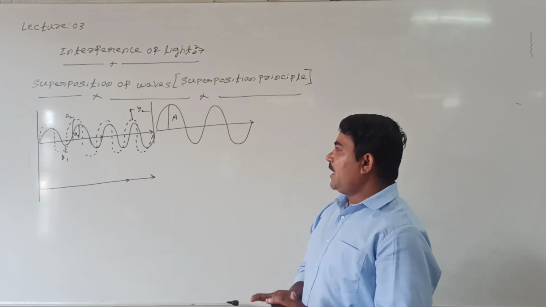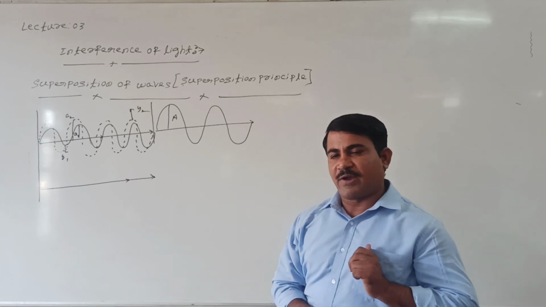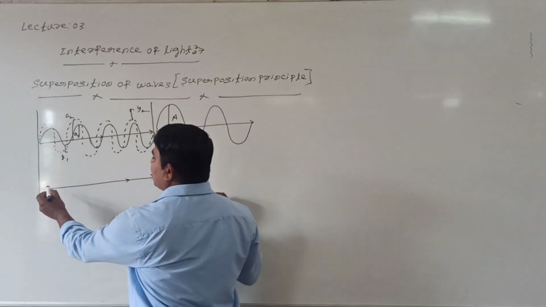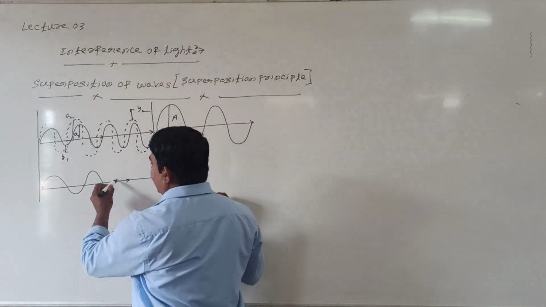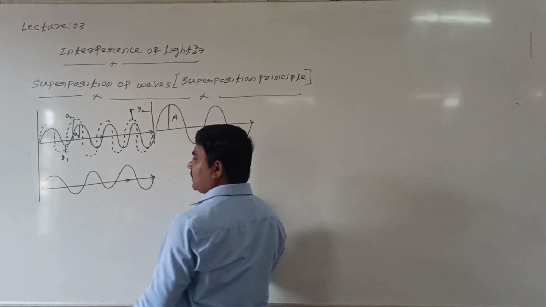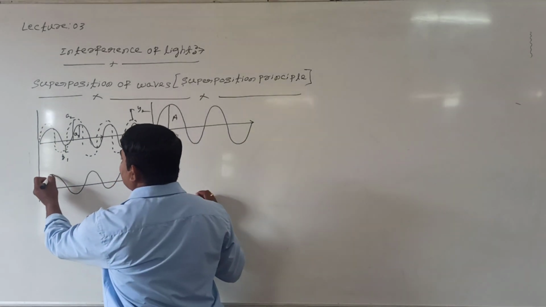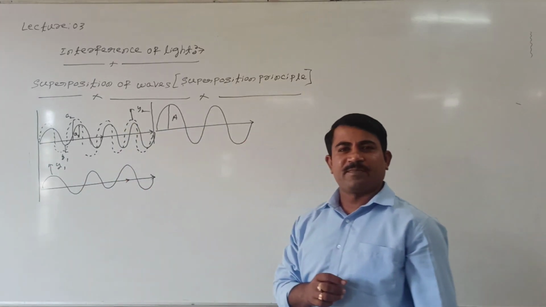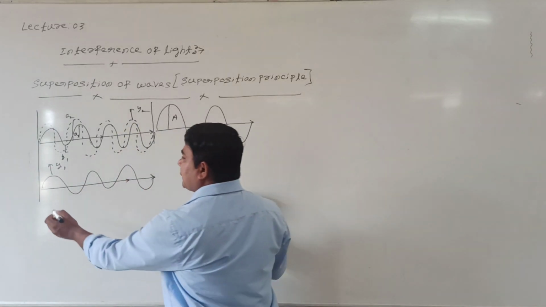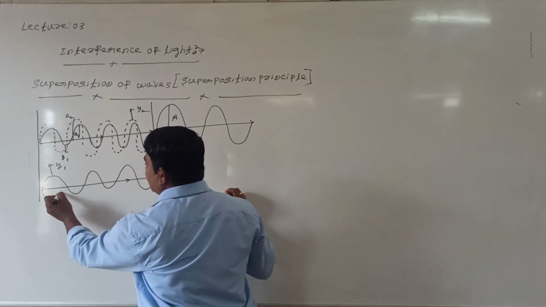See here. Now let us take one more wave. Look at me. Again, let us consider this is the type of wave originating from that point. Like this. Again, this wave has the displacement of y1. Then from this point, a wave of this nature is also originating.